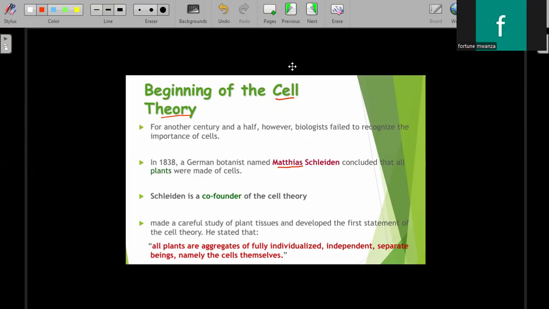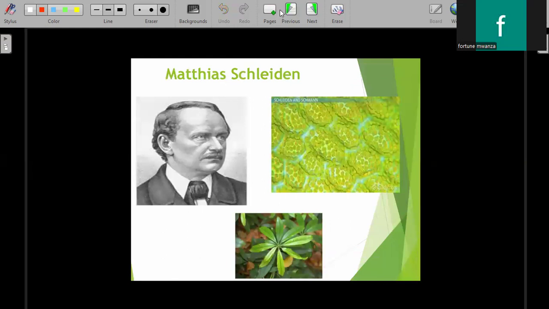He stated that all plants are aggregates of fully individualized, independent, separate beings, namely the cells themselves.